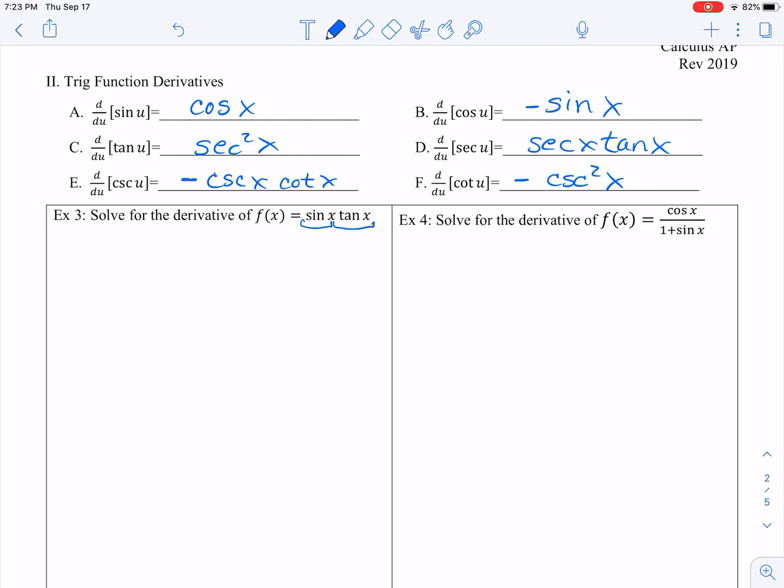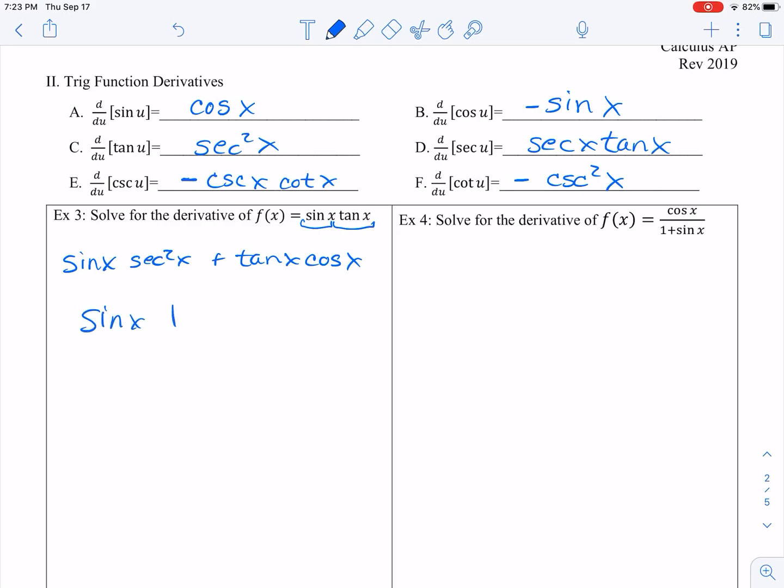These are product rule. Product rule is the first times the derivative of the second plus the second times the derivative of the first. You can try and simplify it if you remember your trig identities.